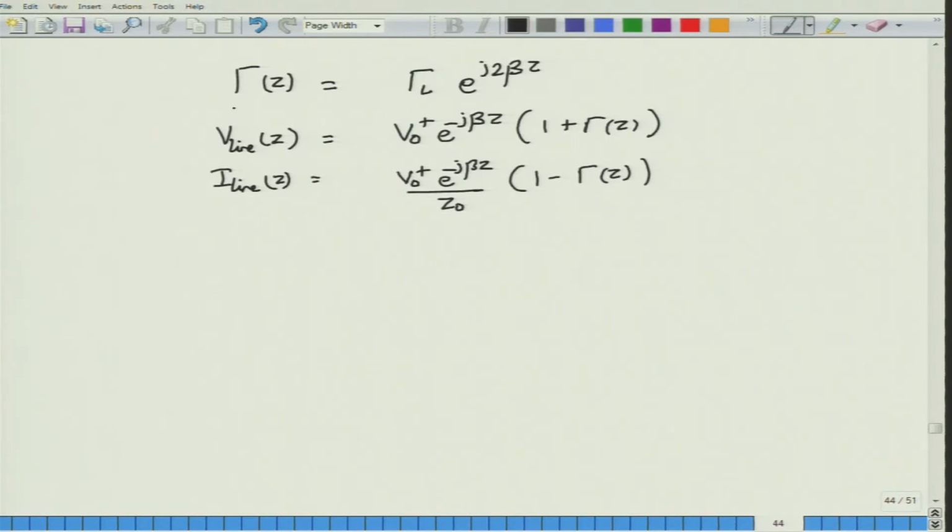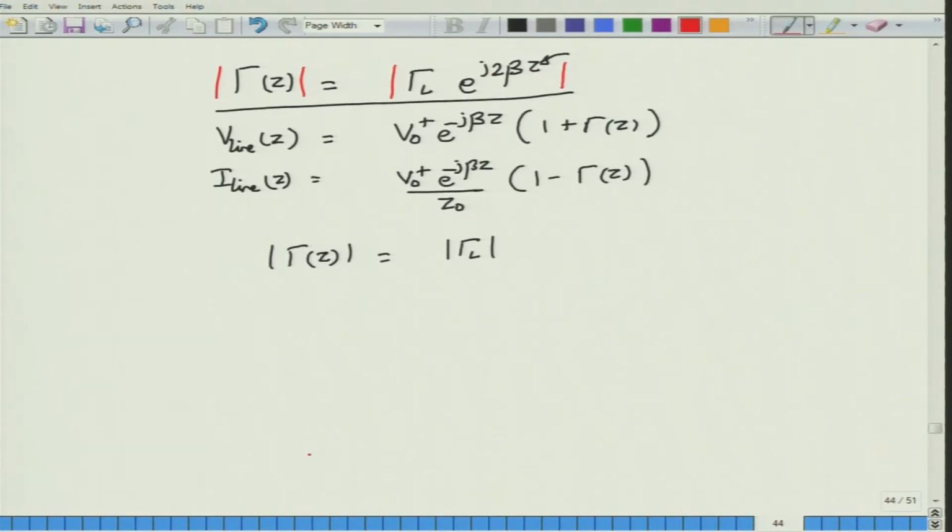Okay. Look at this gamma of z. If I imagine that z is varying in this expression, what would happen to gamma of z? Clearly gamma of z is varying, but what will happen to the magnitude of gamma? The magnitude of gamma will be equal to the magnitude of the reflection coefficient at the load itself, because when you take the magnitude, the magnitude of e to the j 2 beta z will go away.